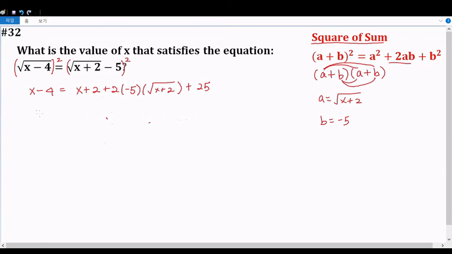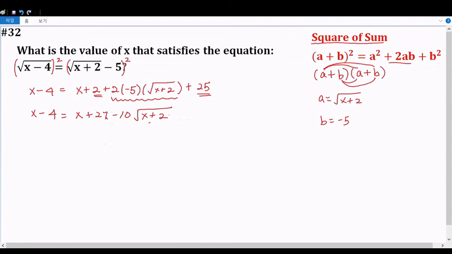So let's simplify that. We get x minus 4 is equal to 2 plus 25, which is 27, so x plus 27. And then 2 times -5 times square root of (x plus 2) is -10 square root of (x plus 2).